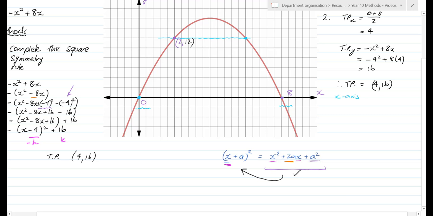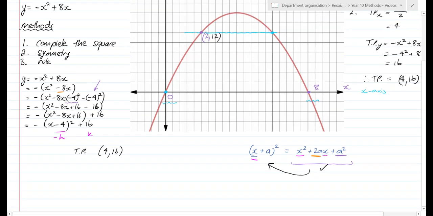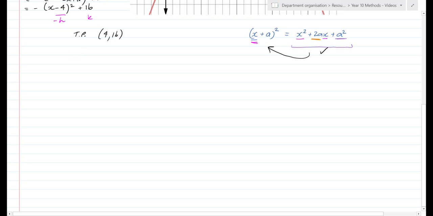Lastly, we can use what's called the rule. I'll scoot down a little bit for this and rewrite our function. So our function is y is equal to negative x squared plus 8x. And you'll also recall this formula, x equals negative b plus or minus the square root of b squared minus 4ac, all over 2a.